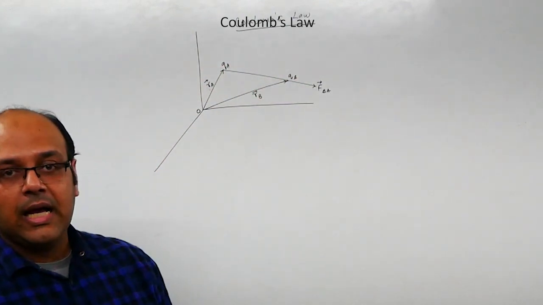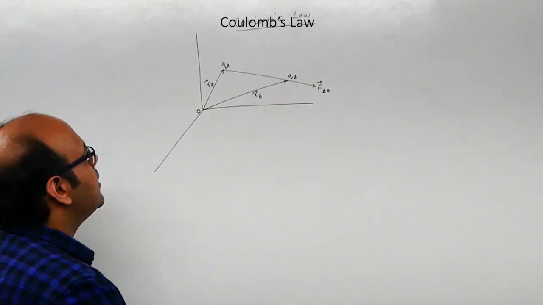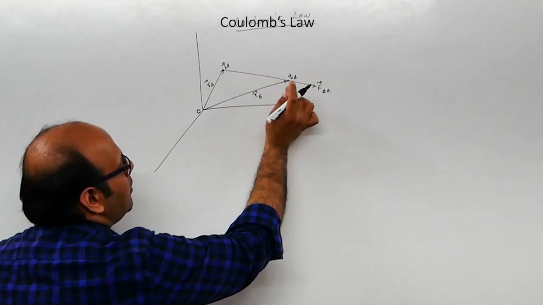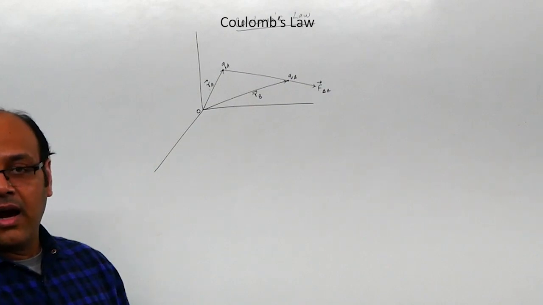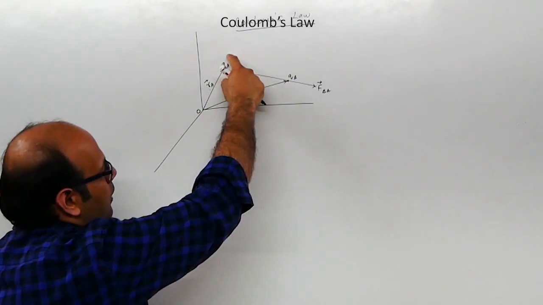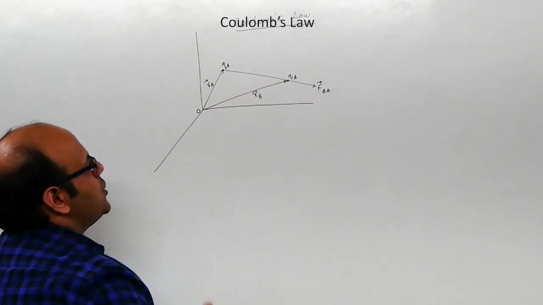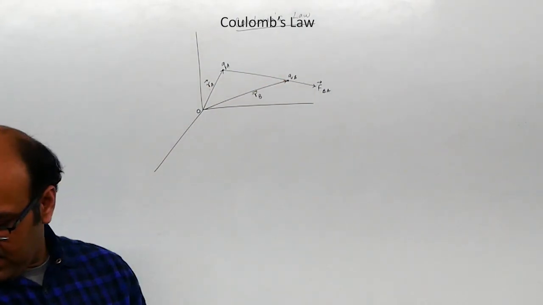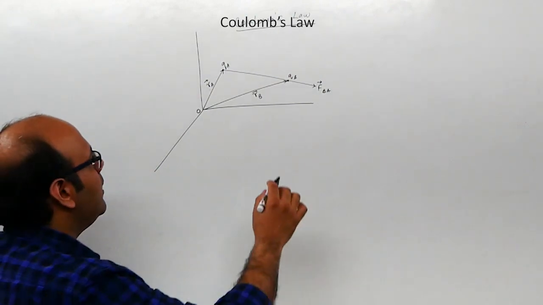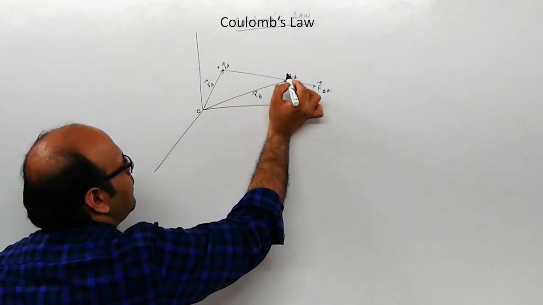So what I am doing is taking two charges QA and QB, which are respectively located at RA and RB. RA is the position vector of QA and RB is the position vector of QB. To begin with, I am assuming that both these charges are positive.